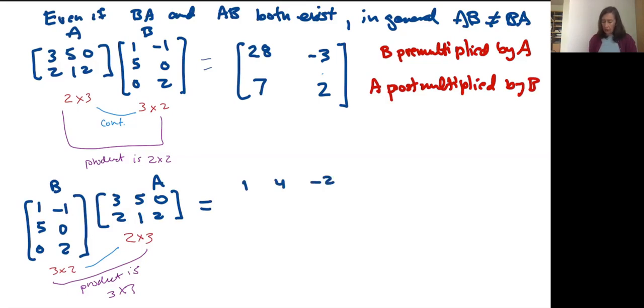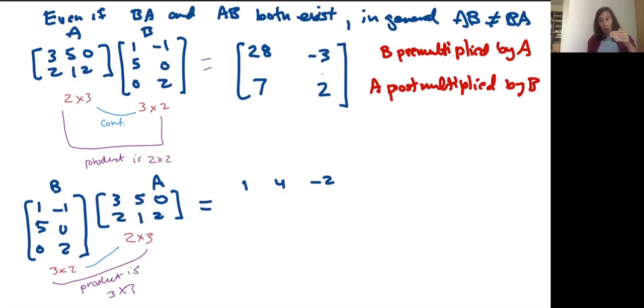So here on the highlighter, taking this row, multiplying it by this column to get 1, by that column to get 4, and by this column to get -2.